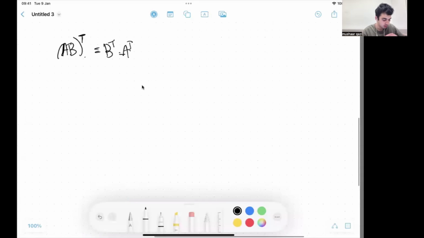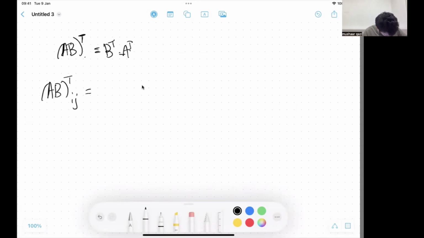So for starters, before starting the proof, I'm just going to write down the definitions. What does it mean for (AB)^T? This means that if we take the ij element in the transpose of AB, this is equal to (AB)ji.